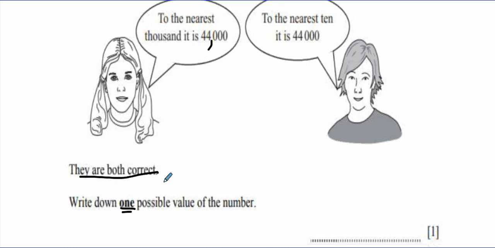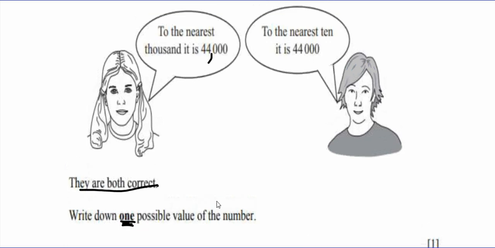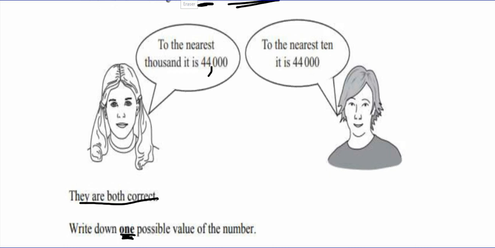There may be more than one possibility, but here the question says write down one possible value of the number. Okay, so this number can be, we have 44,000, and here we have 44,000. This number can be 43,999.